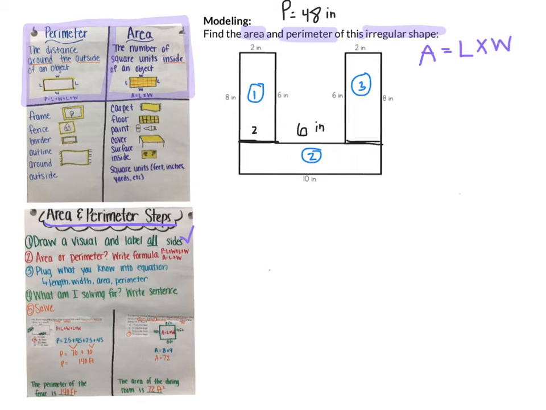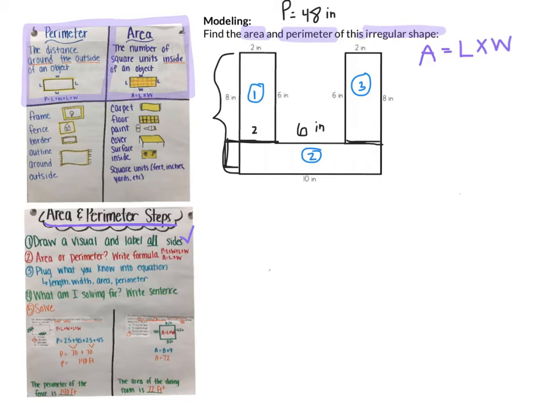So before we decomposed our shape, this whole side length was 8. Well, when we broke it down, we took off this part right here. So we're going to use 6 inches because nothing changed for this side length.